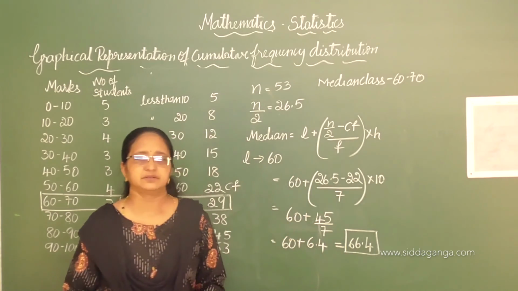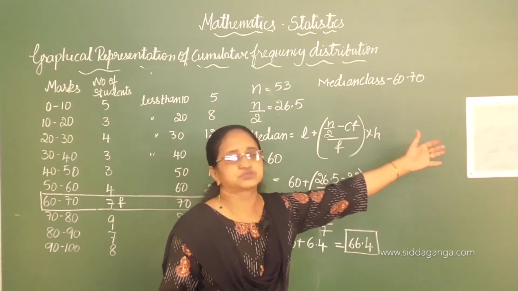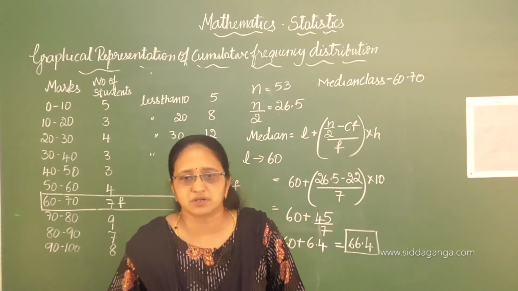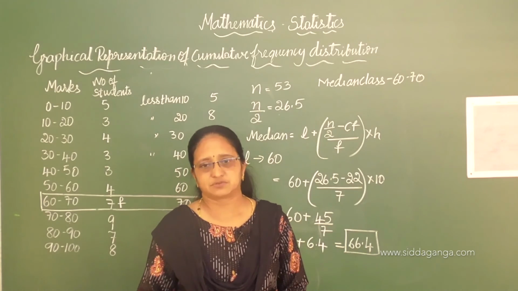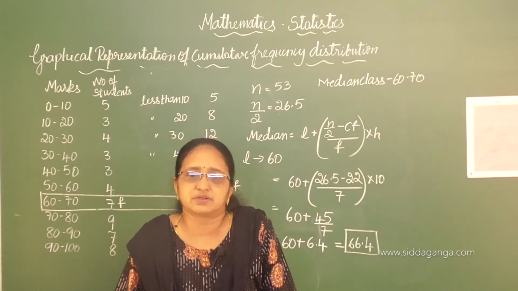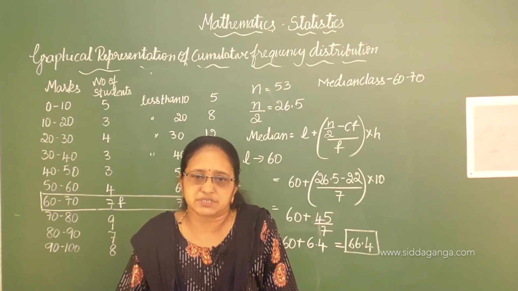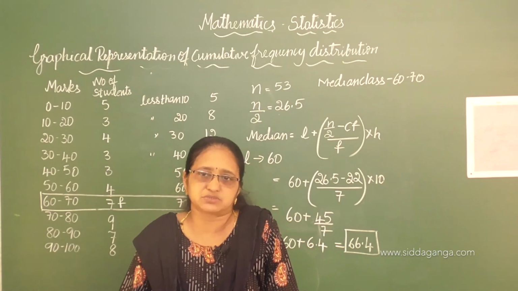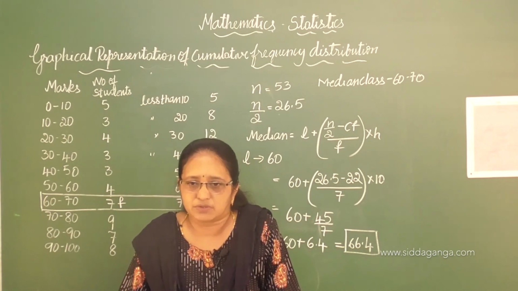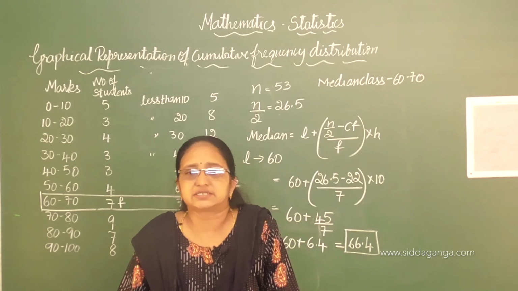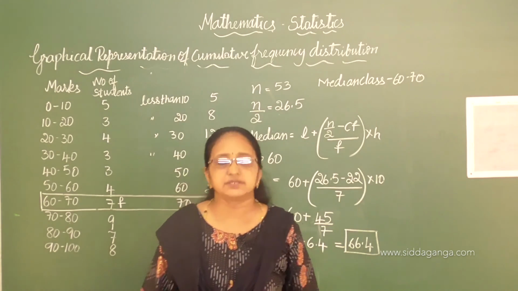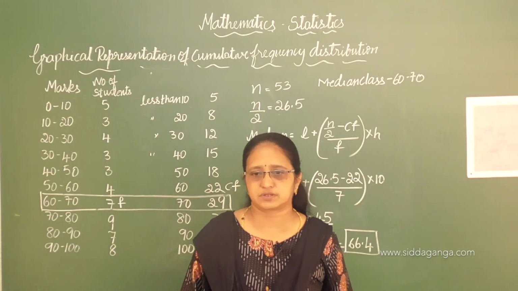And the third one is plotting both curves in the same graph, and the median is obtained from the point of intersection of the less than type and more than type graphs. I hope it is clear. In the next class, let us move on to the exercise, so you will understand exactly how we have to work on it. Thank you.